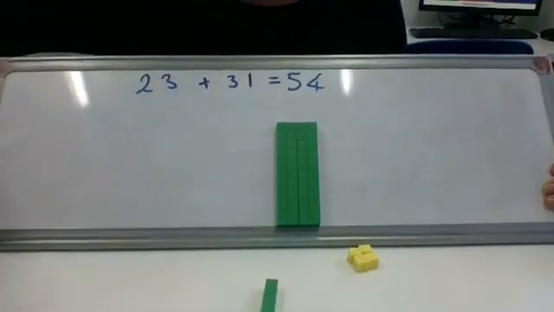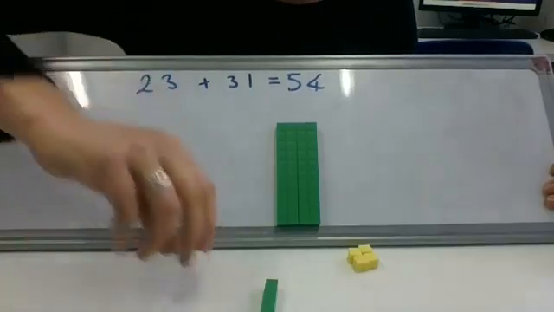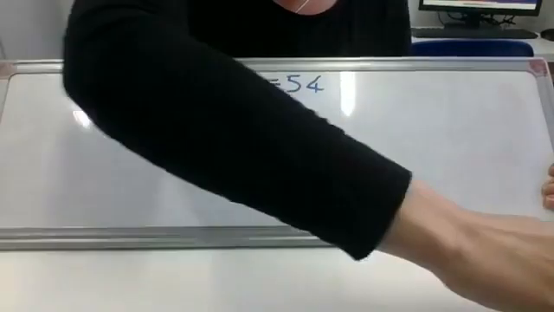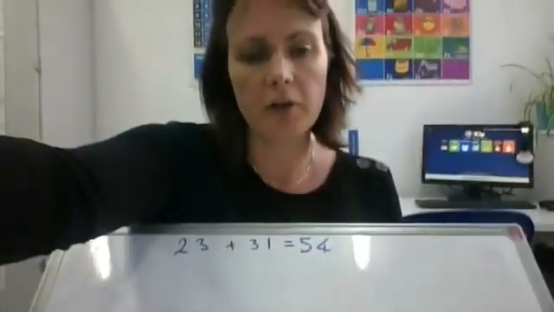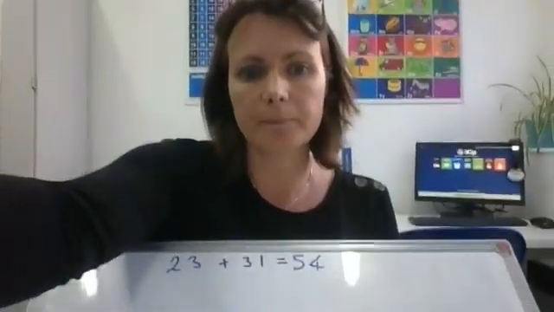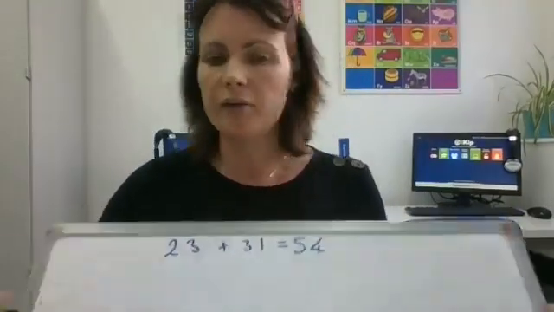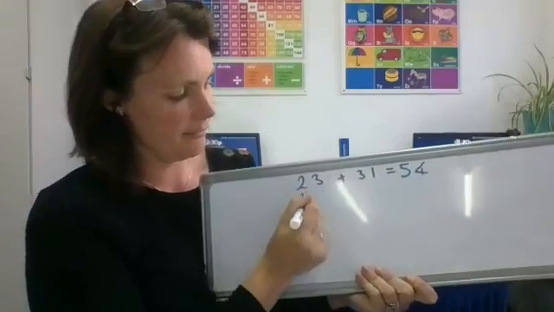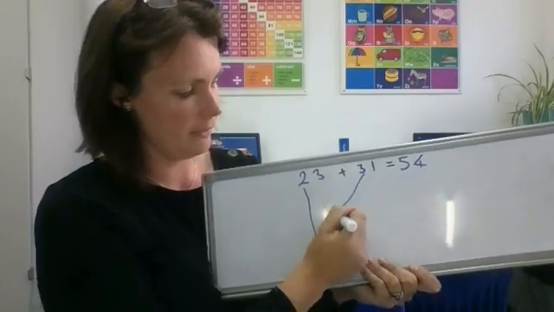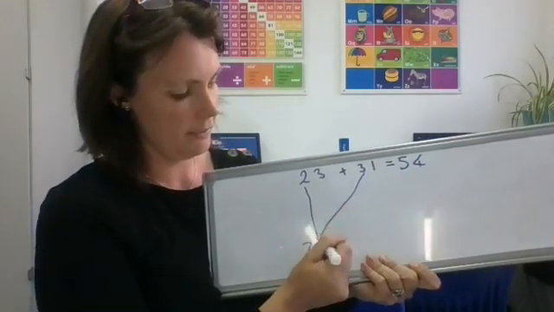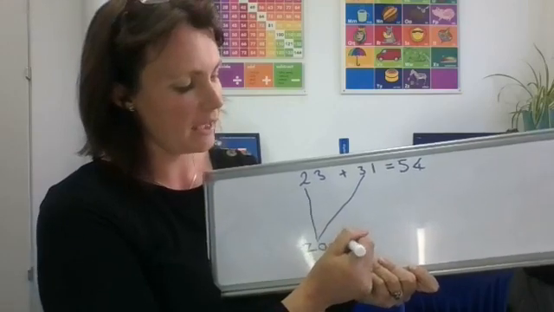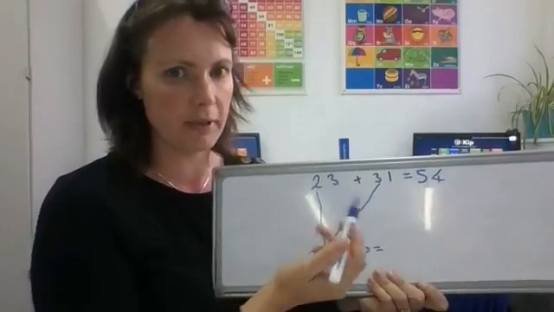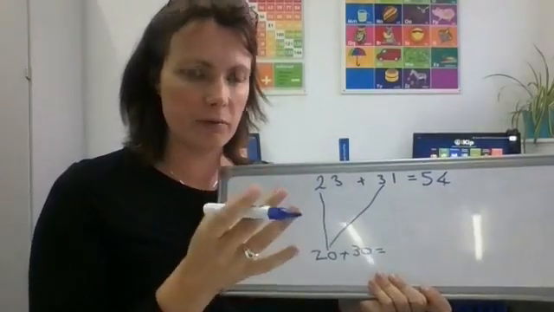Okay. Now, once a child has understood this with the Dienes blocks, you can then do it written as well. So the way I'd write it down is you take your 20 plus 30, and at this stage I still say 20 plus 30, not 2 plus 3, because you're still getting them used to the place value.